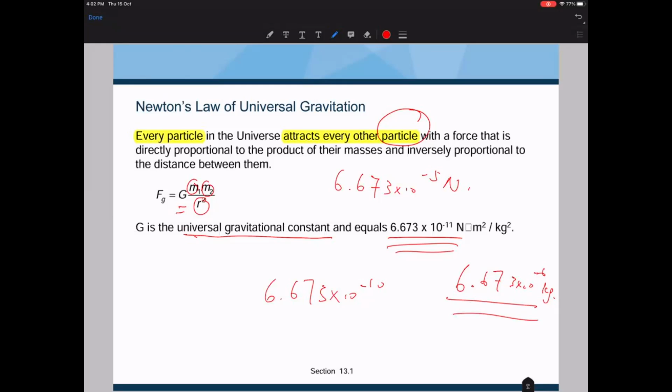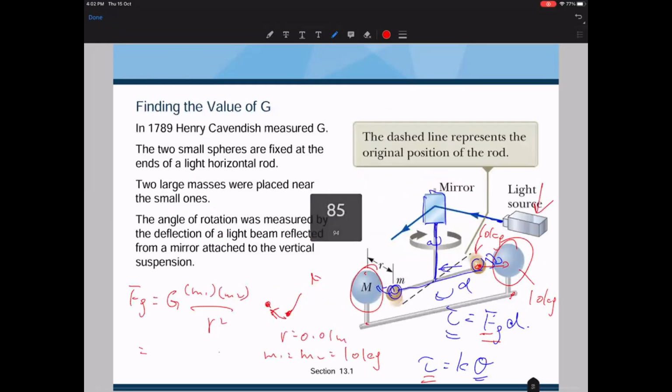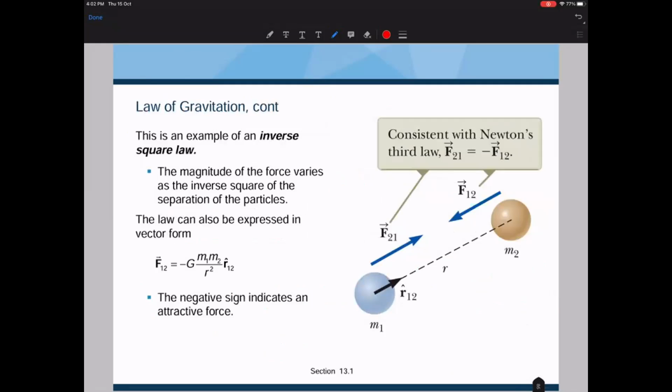So it is not an easy experiment, even with a clever setup like this. But in any way, it provides you with some estimation of the size of the force, and therefore an estimation of the value of G. So this is the idea.